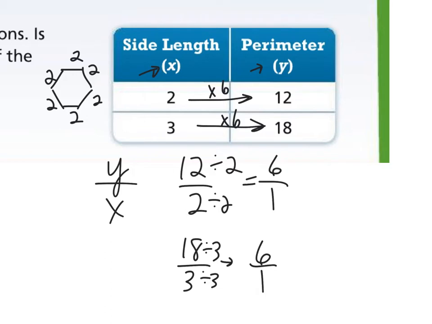So the question is whether the relationship is proportional.